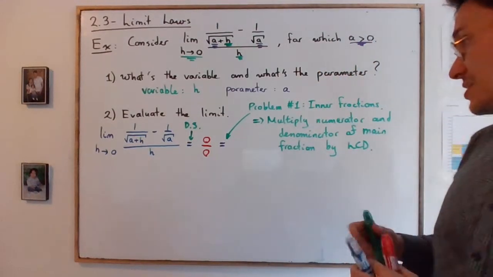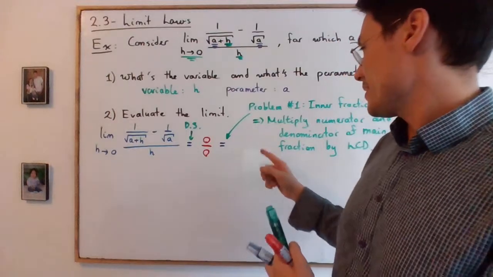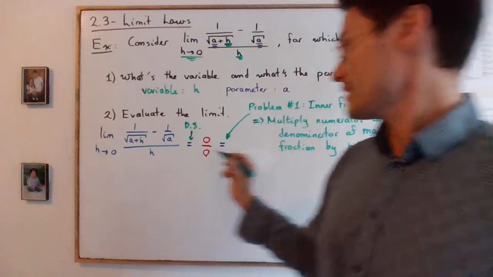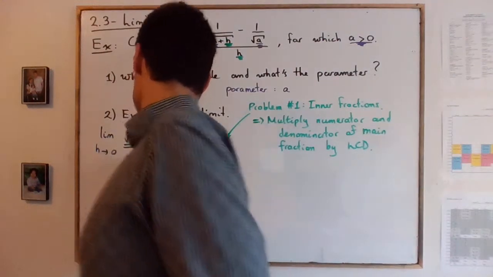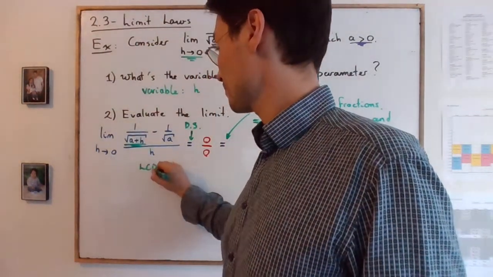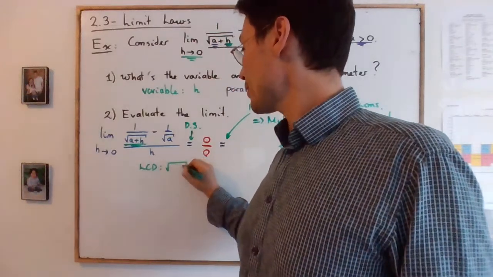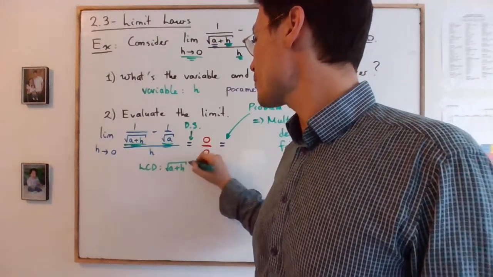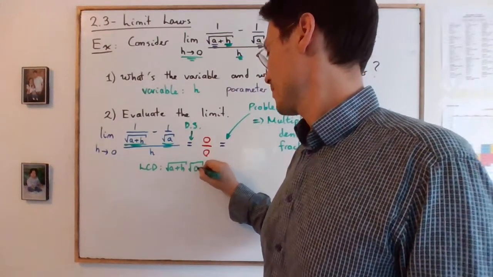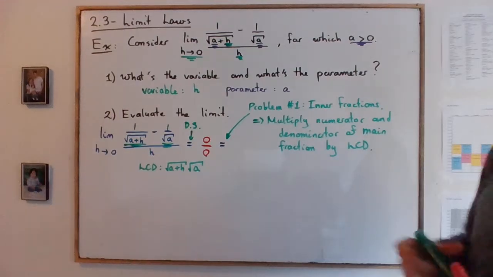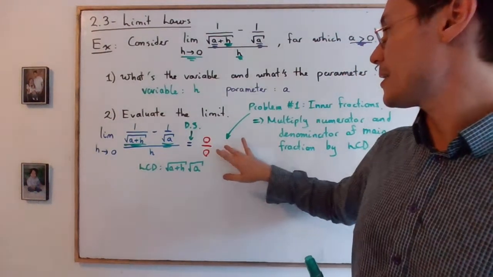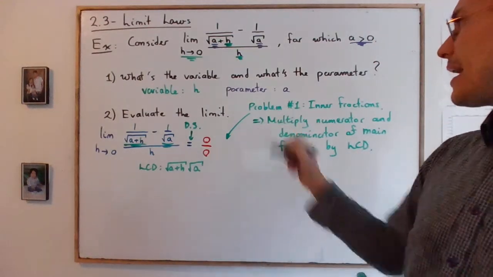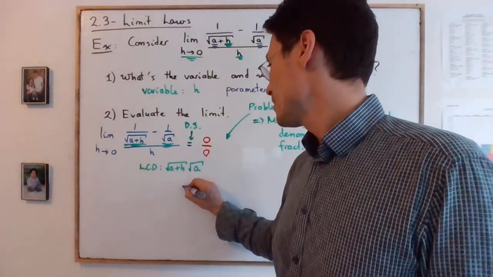The least common denominator here is actually quite easy to get. The LCD is the square root of a plus h times the square root of a. So I will write the equal sign here, because I'm running out of space.